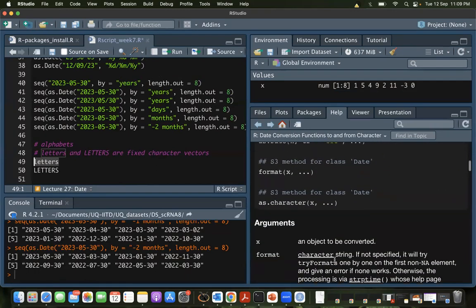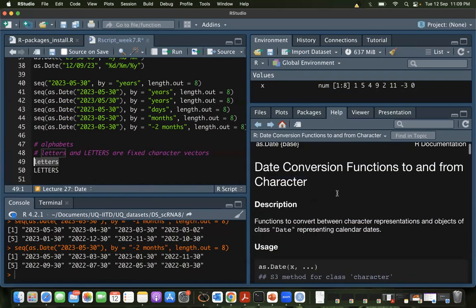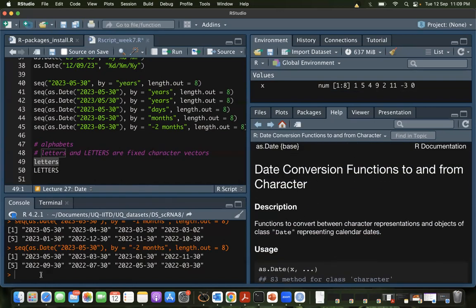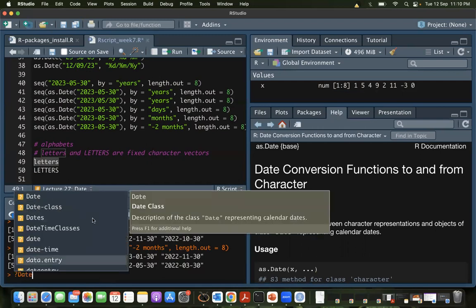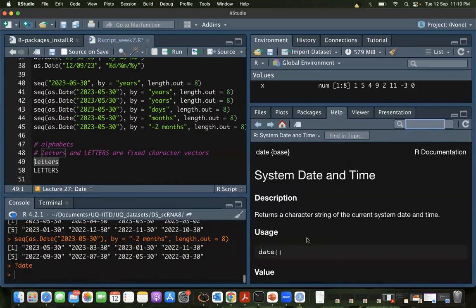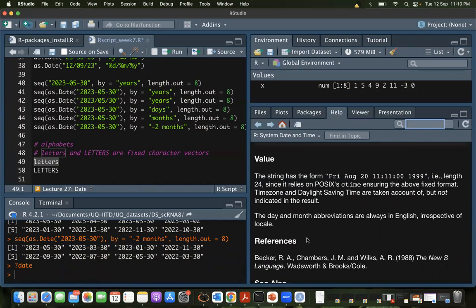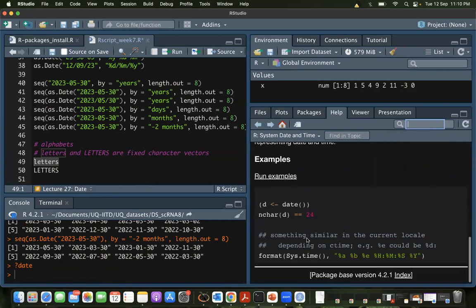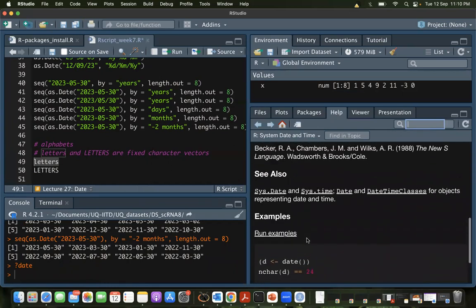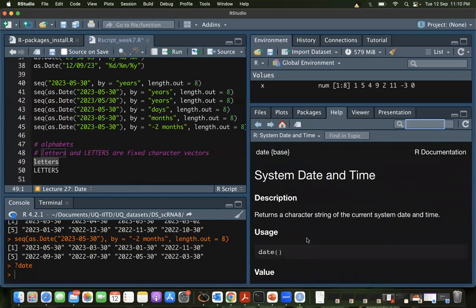As far as I know, not through this as.date function, but probably not.